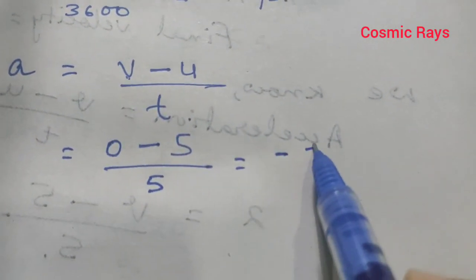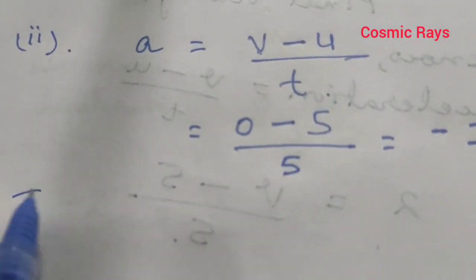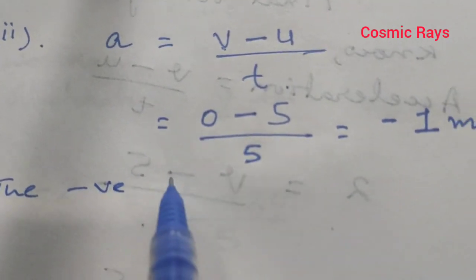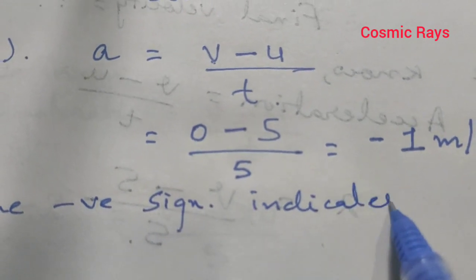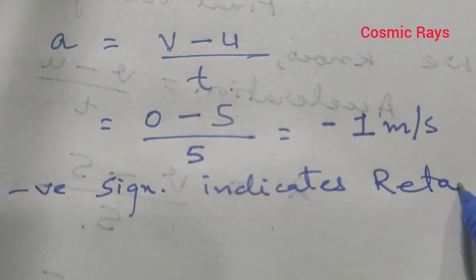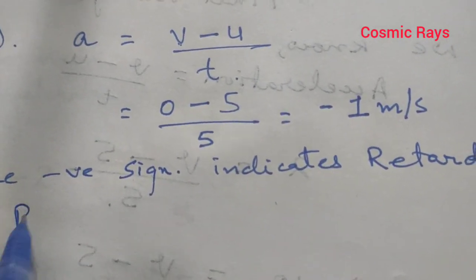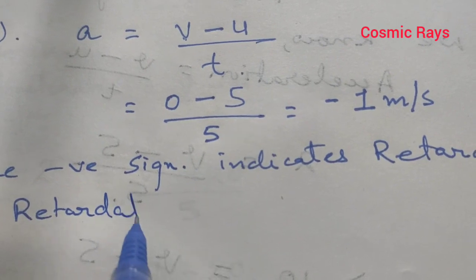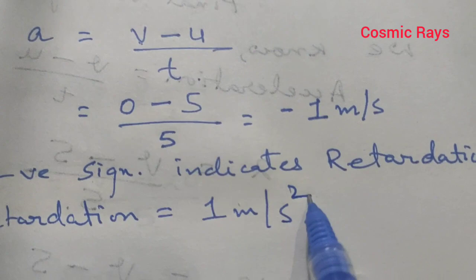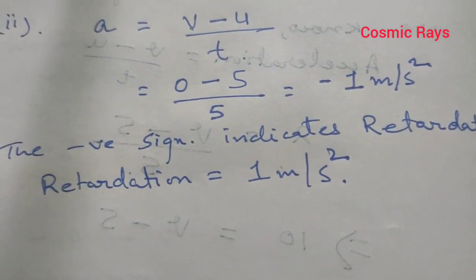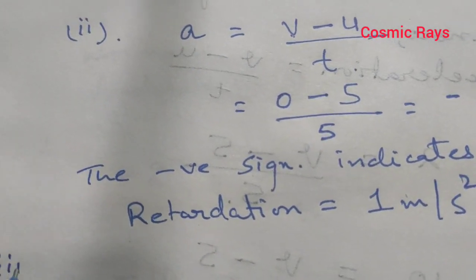So it is minus 1 meter per second. So now here also the negative sign indicates retardation. So we can simply write the retardation is 1 meter per second square. Please put a square here. So it's 1 meter per second square.